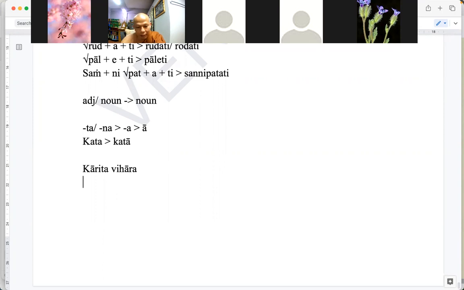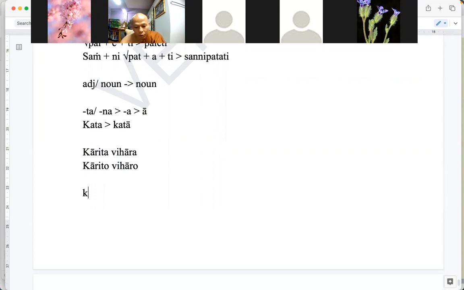Vihara is masculine gender. So in the sentence, karita will be karito, viharo. So karito also masculine gender, viharo also masculine gender.